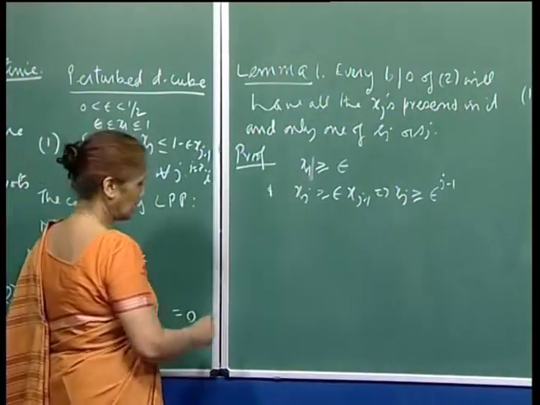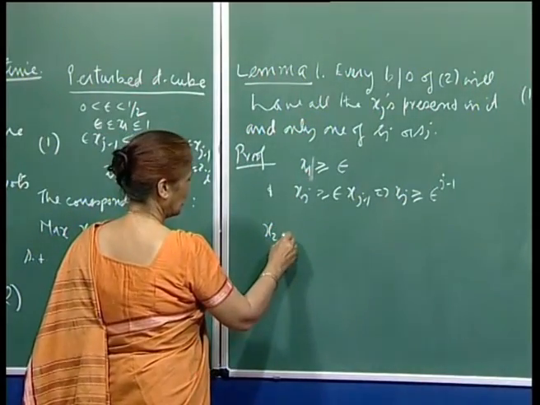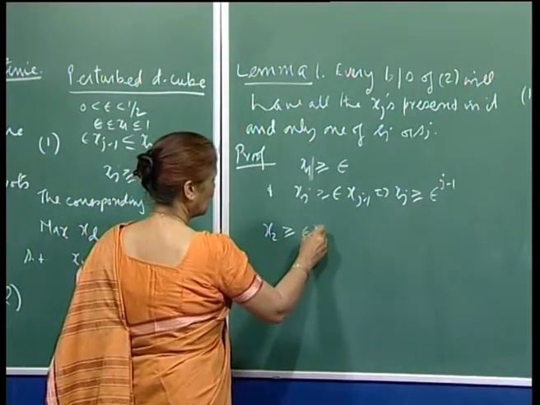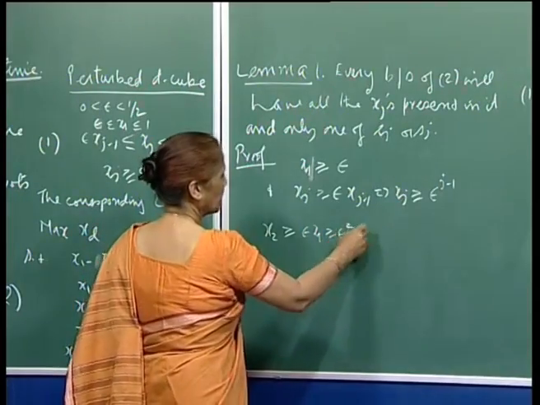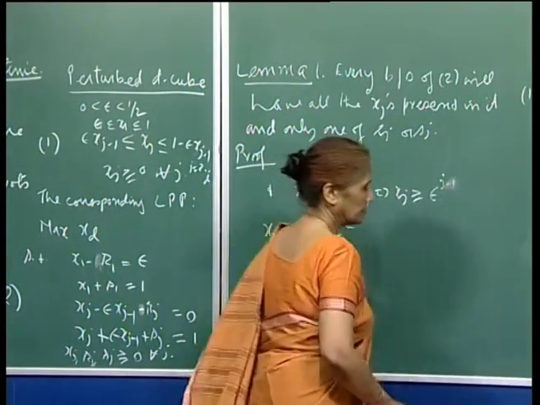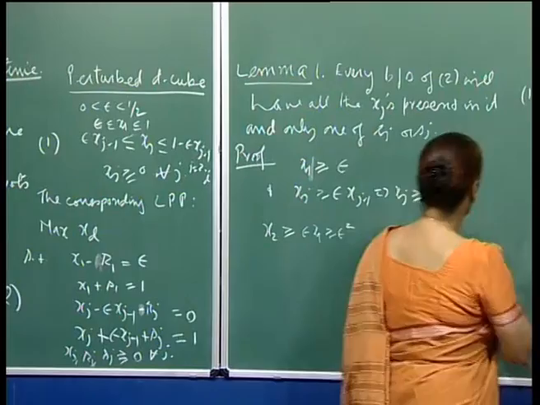Because, let's see, x2 will be greater than or equal to epsilon x1, which is epsilon square. So it's epsilon j, fine.